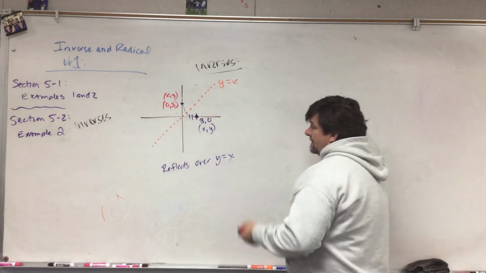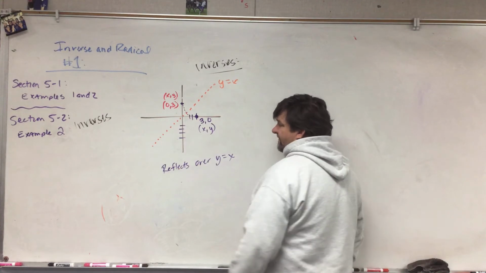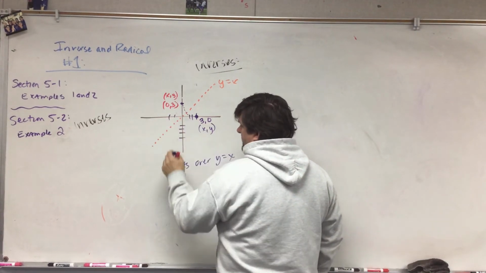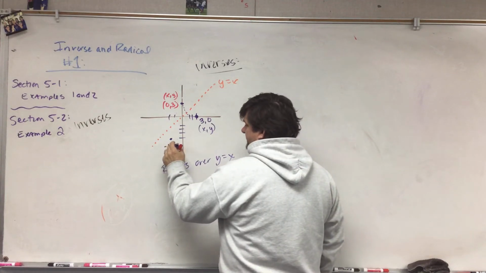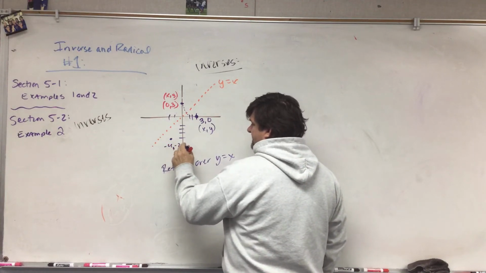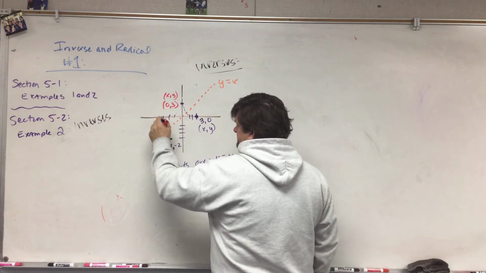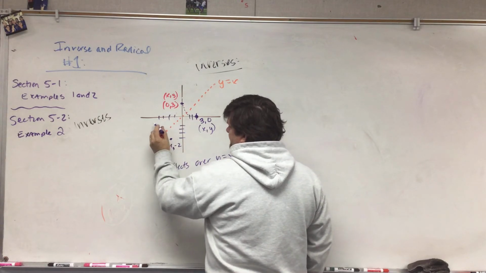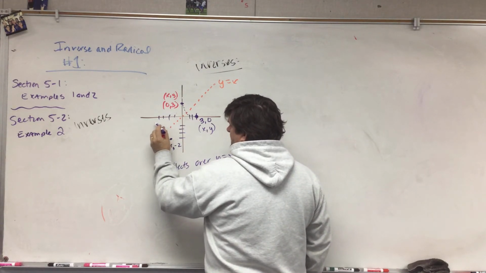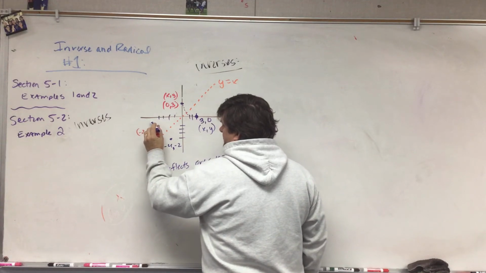So let's take something like, let's go down 4 here, and over -2. So -4 and -2. If I pick this up and move it, it's going to be the same distance on both sides, so I end up right here, which is -2 and -4.